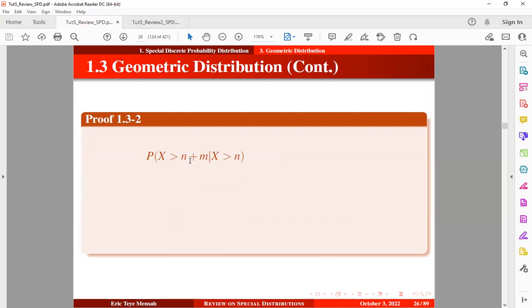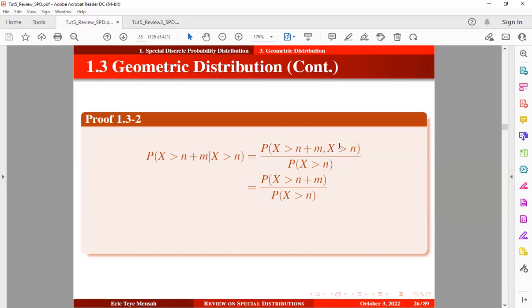The probability that X is greater than m plus n, given that X is greater than m, is equal to that, okay? And we know this based on our knowledge of conditional probability, so we can rewrite this in this form. The intersection of these two, the probability that X is greater than m plus n and X being greater than m, can be written in this form, because this one is embedded in this one.